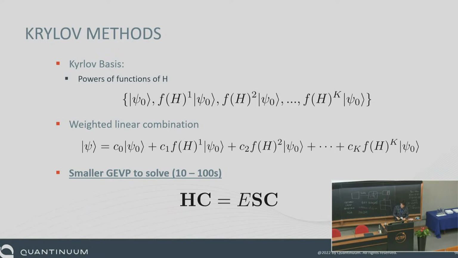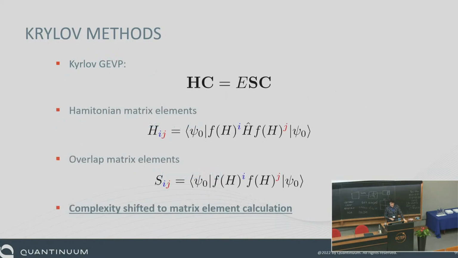Now, obviously, the complexity is being hidden inside this function of H. But we'll talk about that now. If you think about the Krylov generalized eigenvalue problem, the matrix elements are these things. H_ij is now the reference bra, then the function of H to the i going to the left, the function of H to the j going to the right, and then you end up with this matrix problem.